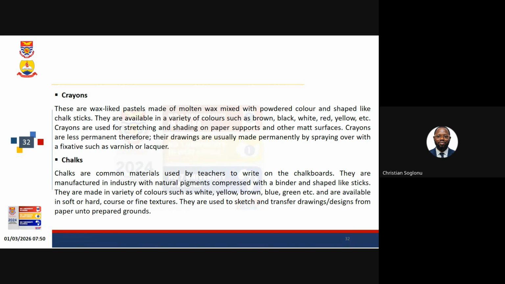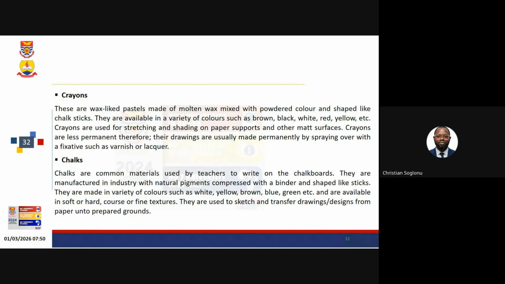Good. So we all know chalk, and before they can get chalk, they have to get a binder and a natural pigment. So you get your pigment.